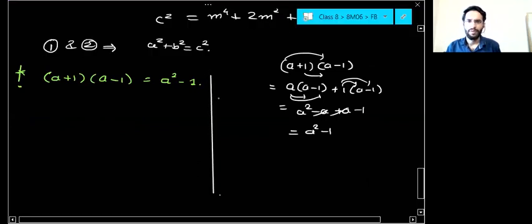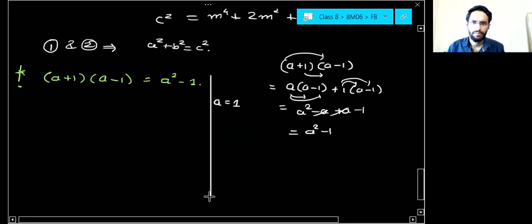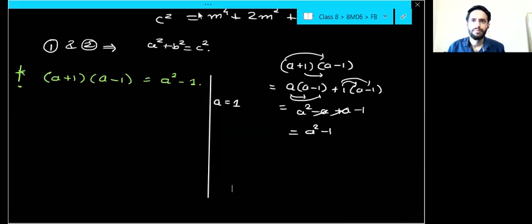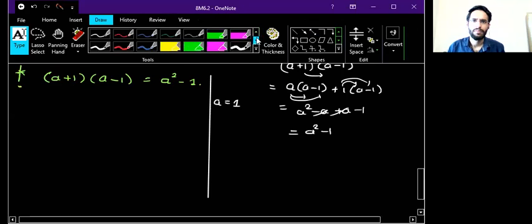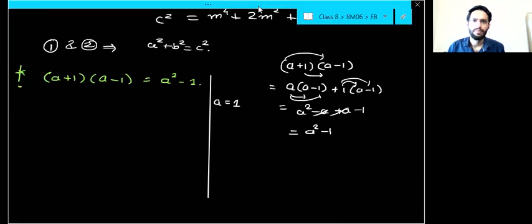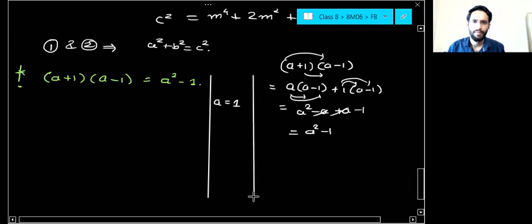For a equal to 1, 1 minus 1 is 0, so I cannot really take a as 1, but I can check as well.